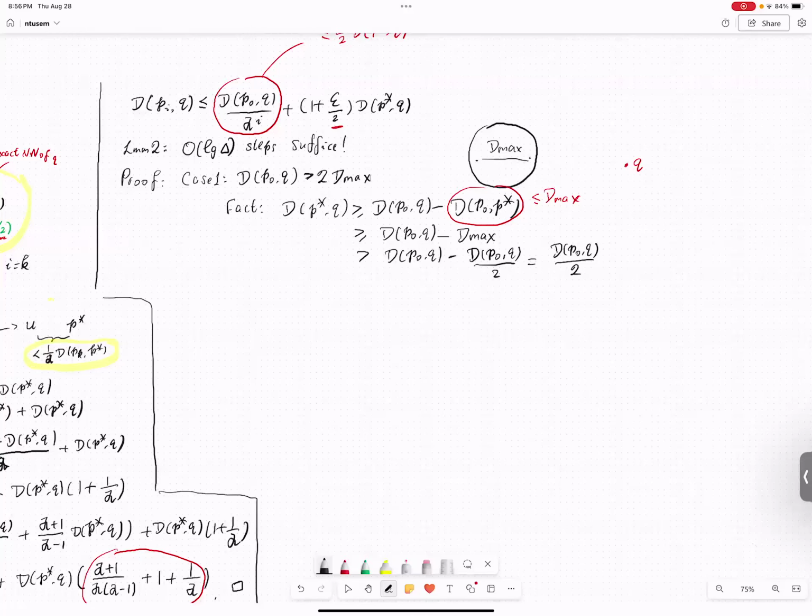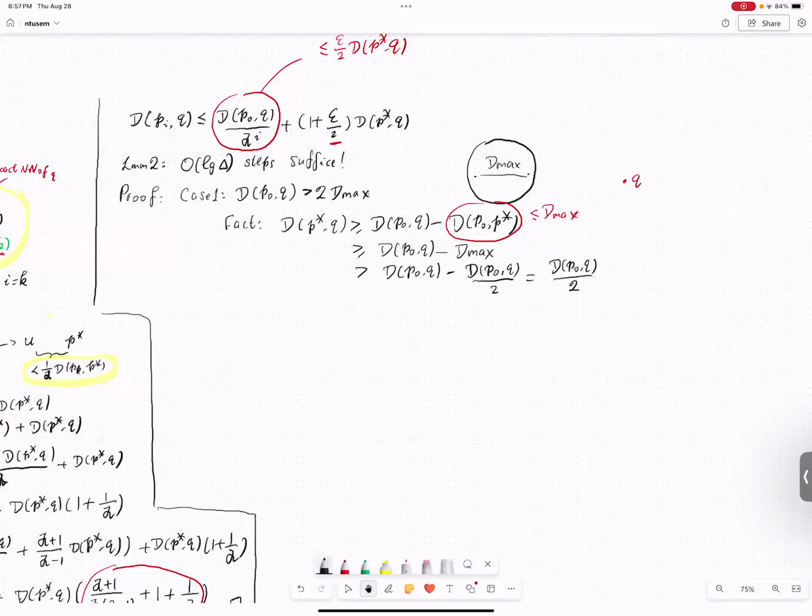In this case, we've got d(P1, Q) less than or equal to d(P0, Q) divided by alpha, plus 1 plus epsilon over 2 times d(P0, Q).